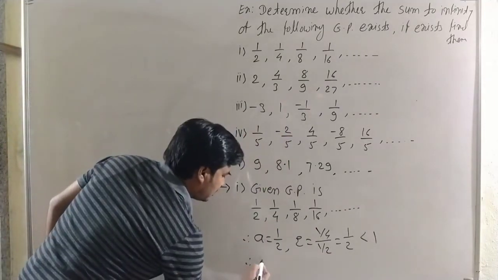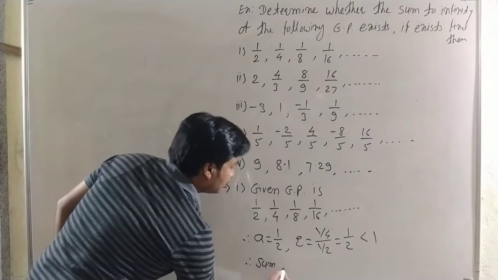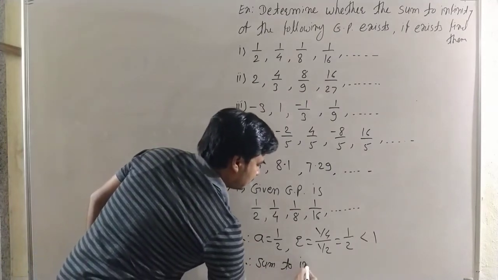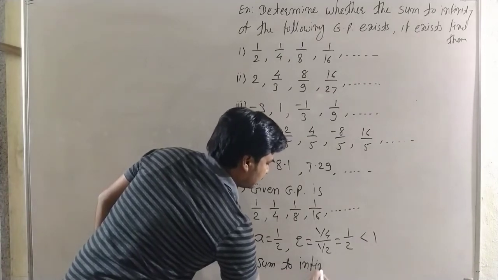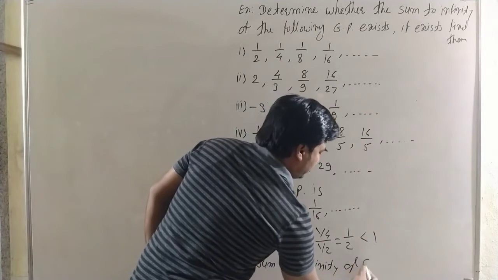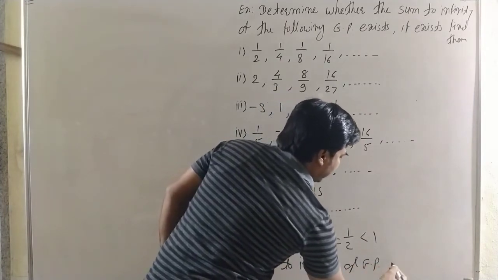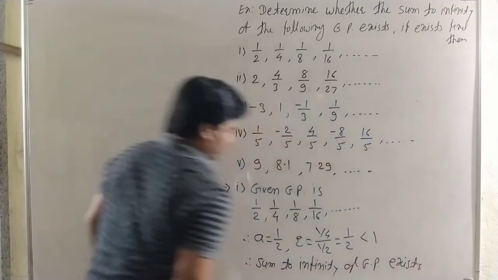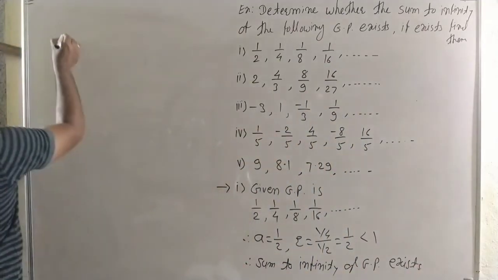Therefore the sum to infinity of the geometric progression exists. We want to find the sum.